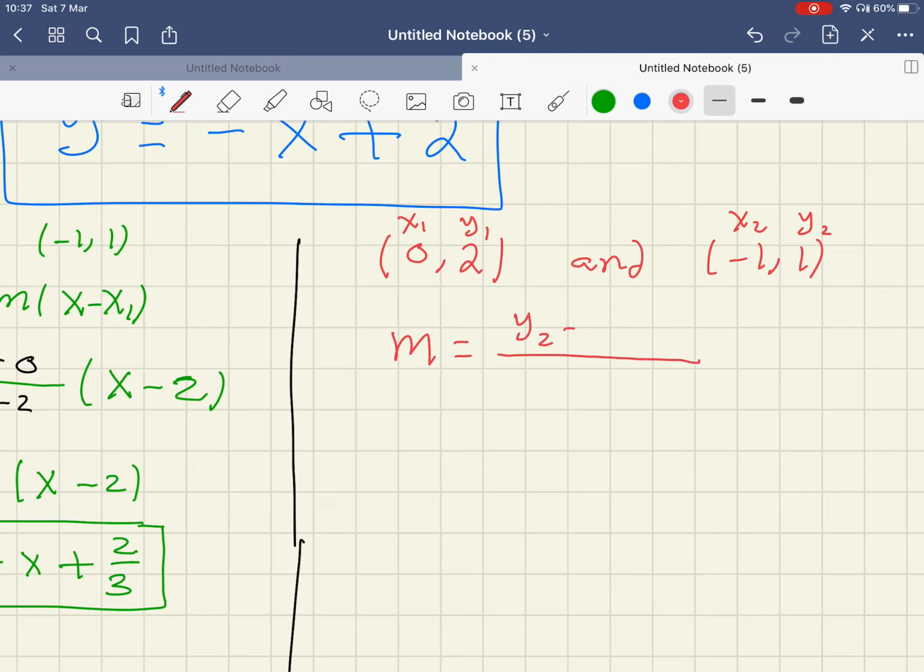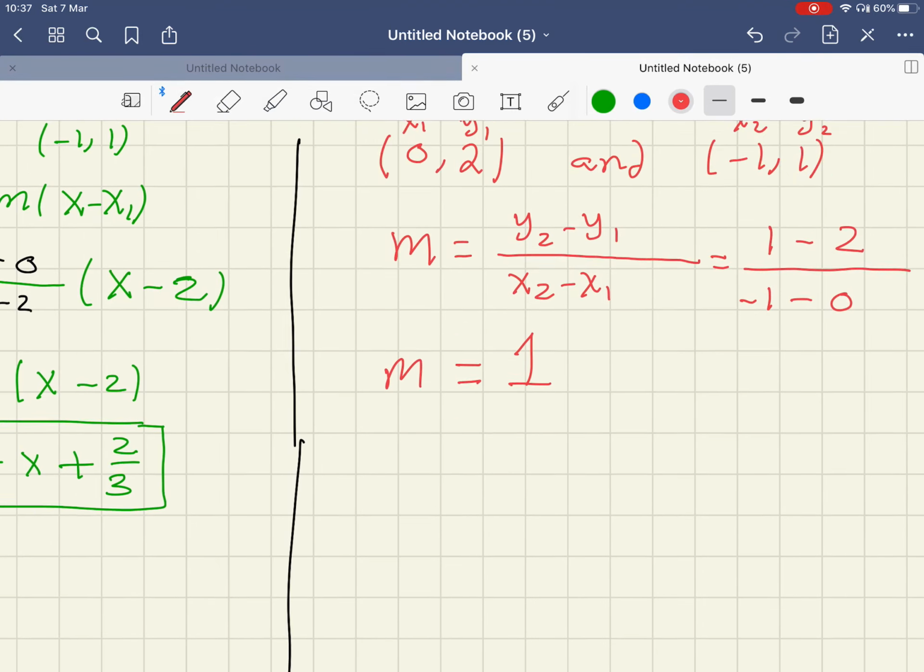So it will be y2 minus y1 over x2 minus x1, and that is just 1 minus 2 divided by -1 minus 0. And the answer is 1.